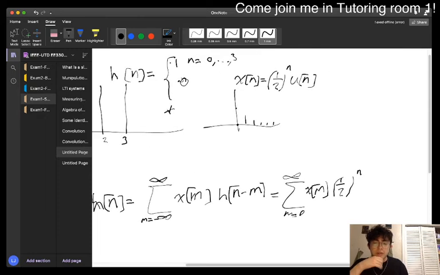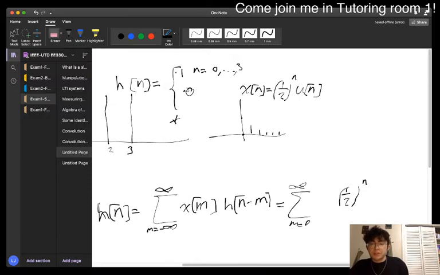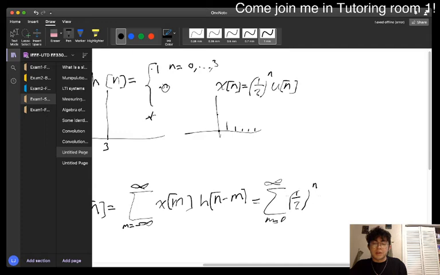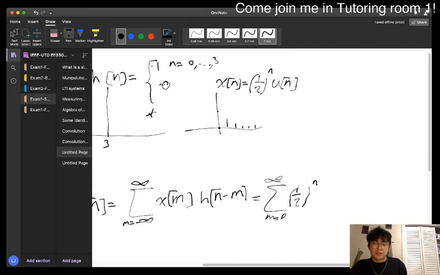Oh yeah, I just renamed them. So this one was x of n, this exponential, move it over. And then we have basically a rectangle, and this one's h of n minus m.